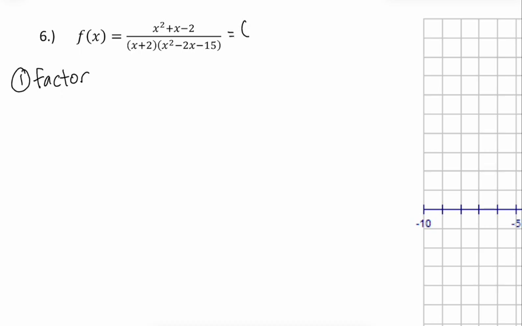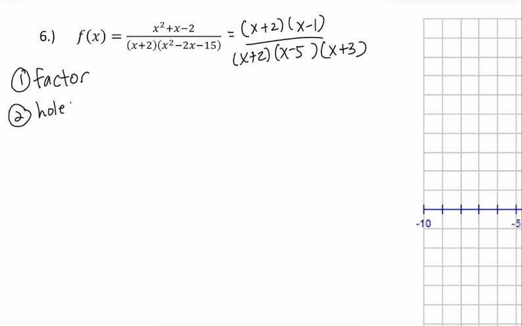As we do that, you may notice that the top is factorable. That is x plus 2 and x minus 1. The bottom, that second quadratic piece, is factorable to be x minus 5 and x plus 3. And then for our second piece, let's find the holes.